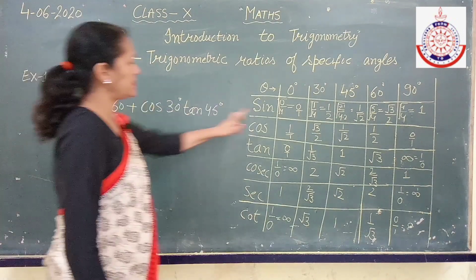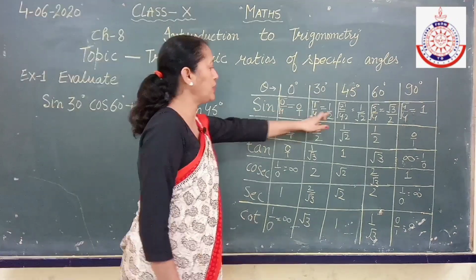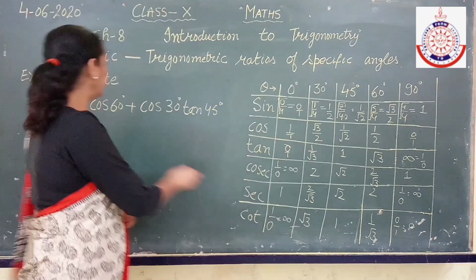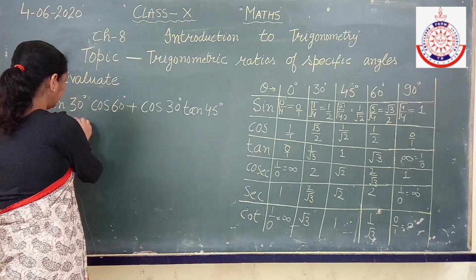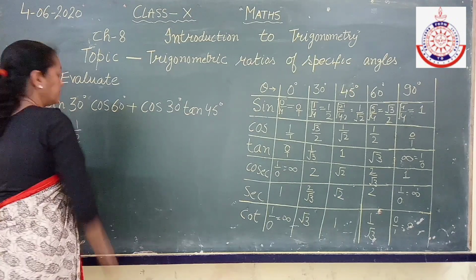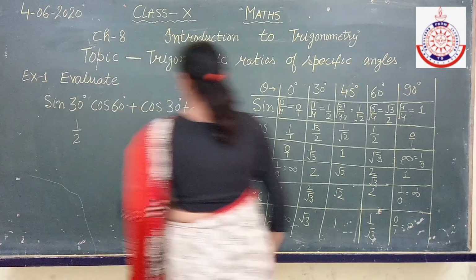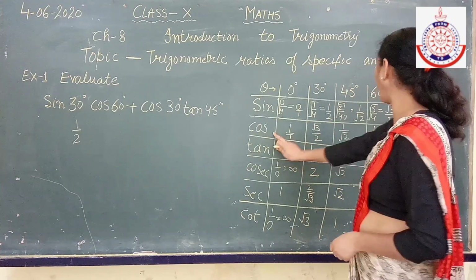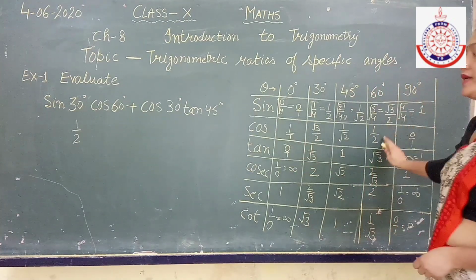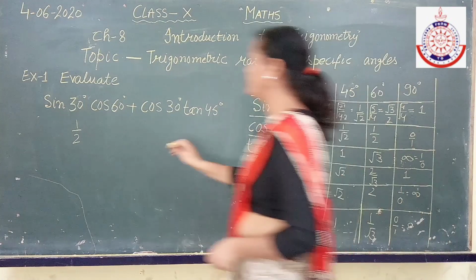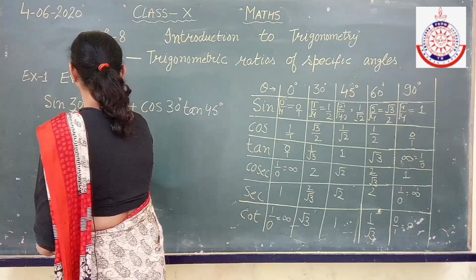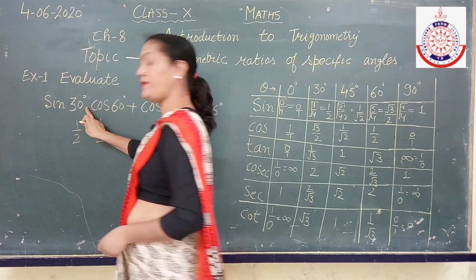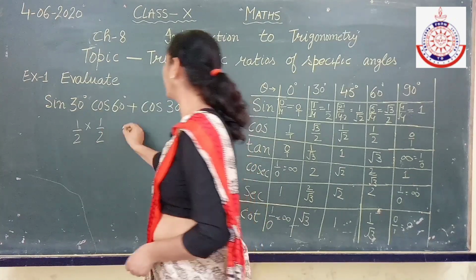Sine 30 degree is half. Cos 60 again half. No sign in between means the sign of multiplication.